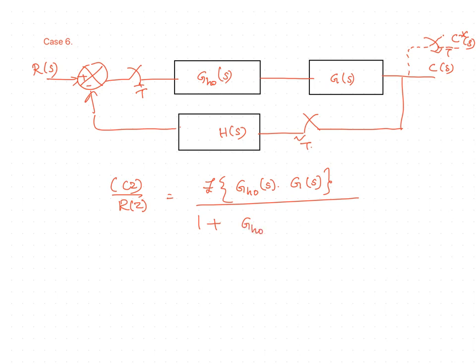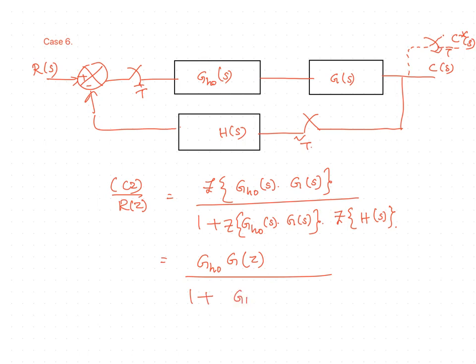So, the Z transform of GH0 of S, G of S, multiplied by the Z transform of H of S. So, this is GH0G of Z by 1 plus GH0G of Z into H of Z.